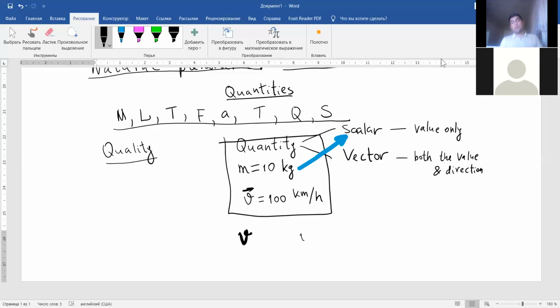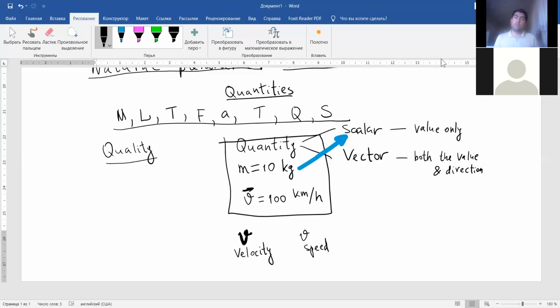And if you see regular, not bold text, this is scalar. So the vector is called velocity and the scalar is called speed. If you see the word speed, then it has only magnitude, no direction. But if you see the word velocity, then it's a vector.